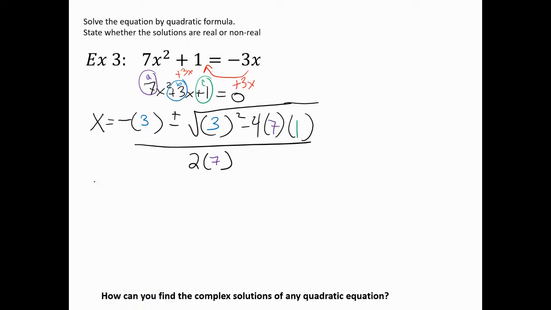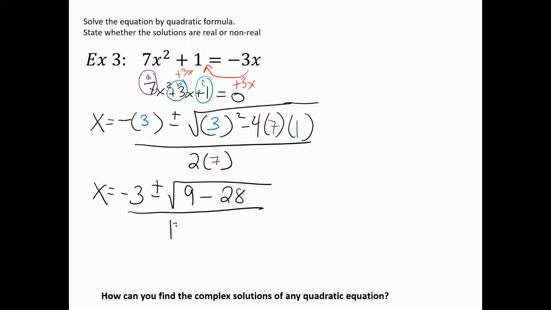So we're going to have x equals negative 3 plus or minus the square root. 3 squared is 9. Negative 4 times 7 is negative 28, and times 1 is still negative 28, all over 14.